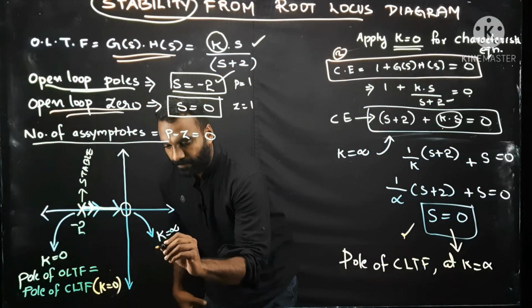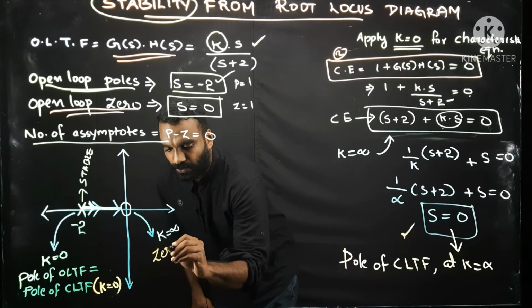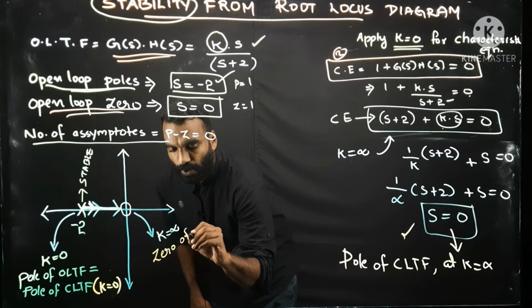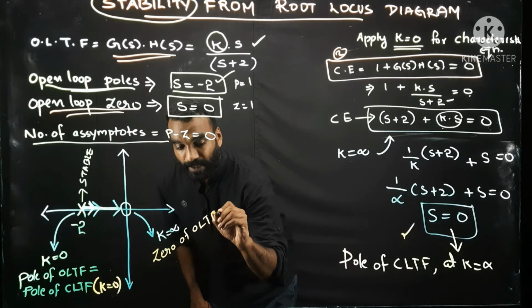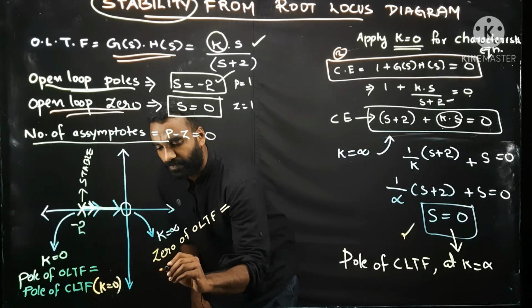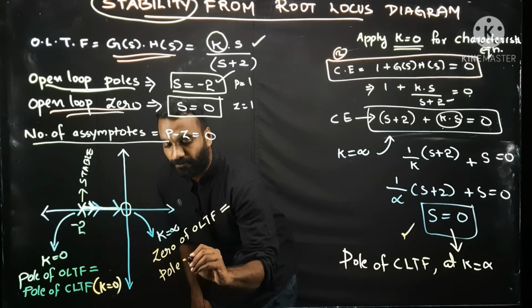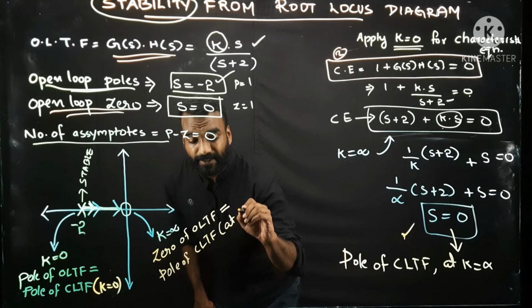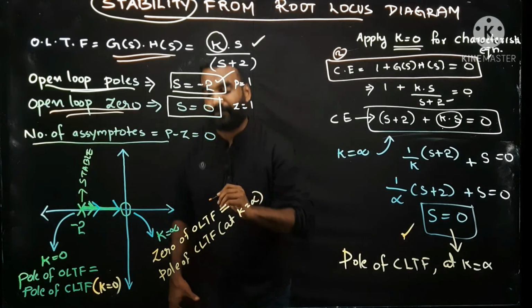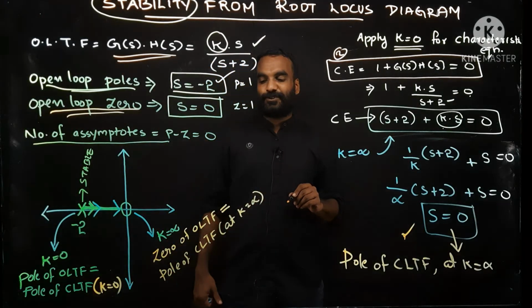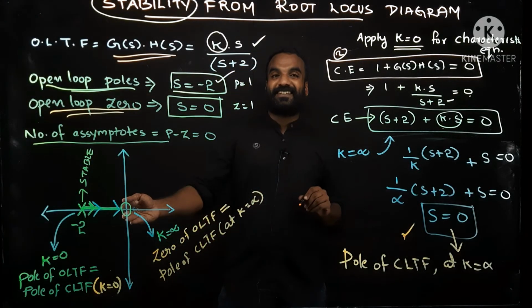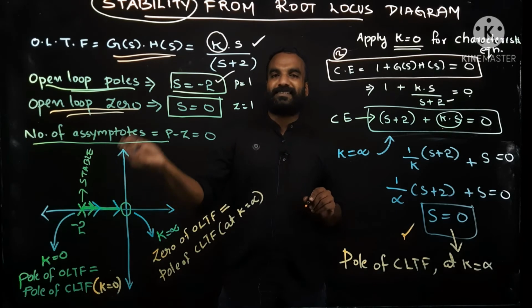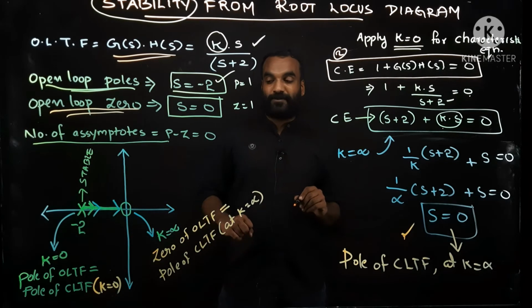Let me write here. This is on the first solution, this is 0 of open loop transfer function, and that is equal to pole of closed loop transfer function at k is equal to infinity. So 0 of open loop transfer function is pole of closed loop transfer function.